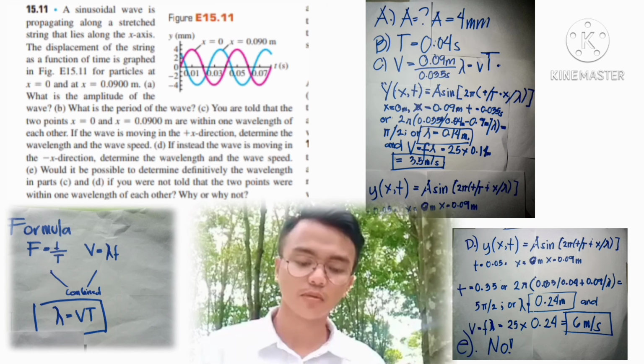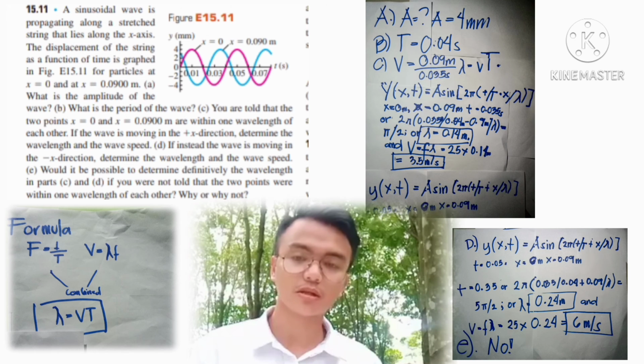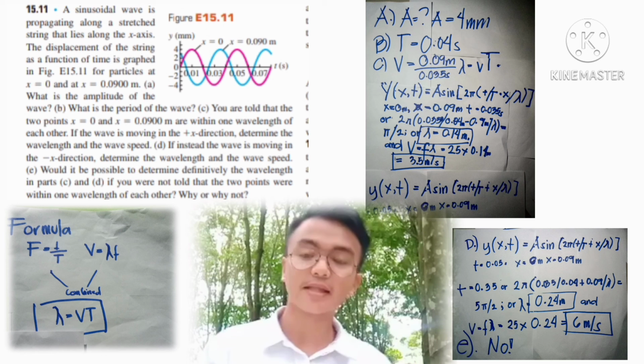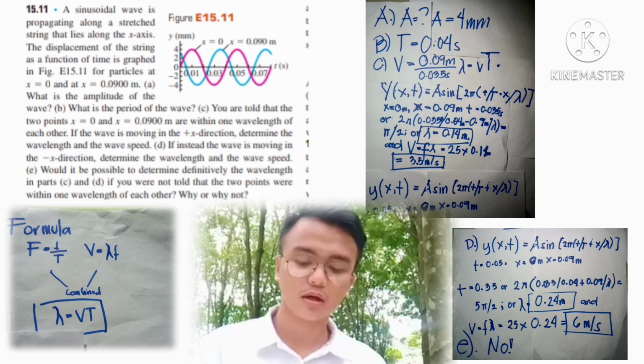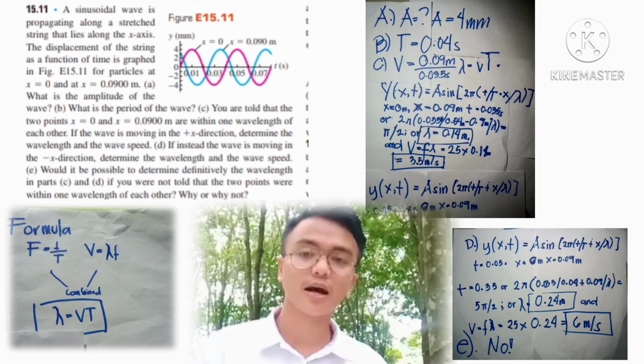If the wave was moving in the negative x direction, the wavelength and wave speed were determined as 0.24 meter and 6 meters per second, with the same two points. Determining the wavelength without the given two points is not possible, since the given points are needed to perform the calculations.